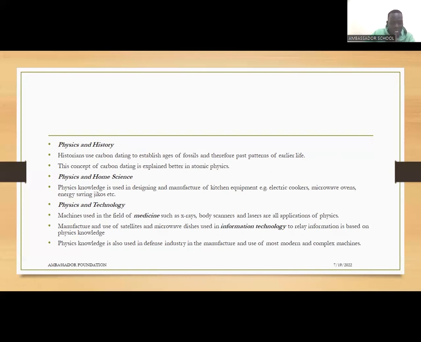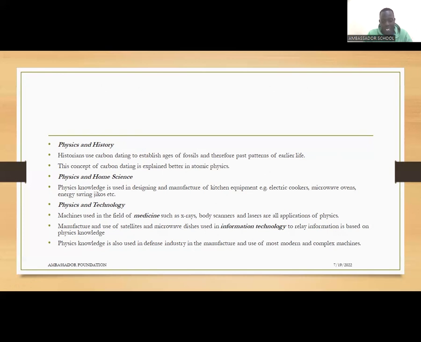Now let's look at physics and technology. Technology is just a subject like any other. It may not be taught in high school, but it's a subject like any other. It needs to be introduced back. You can't imagine how the treatment took place 100 years ago and right now.